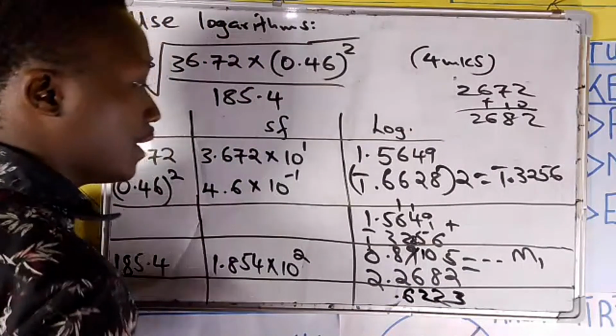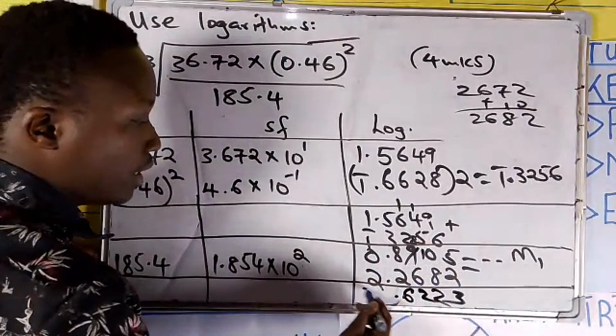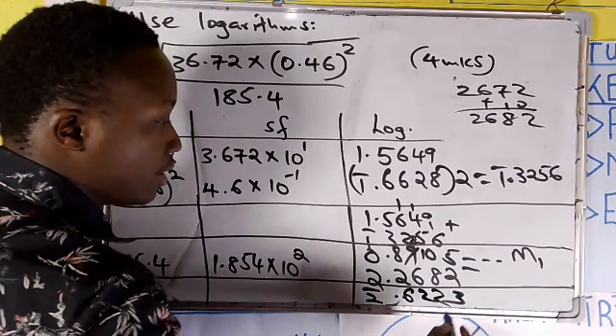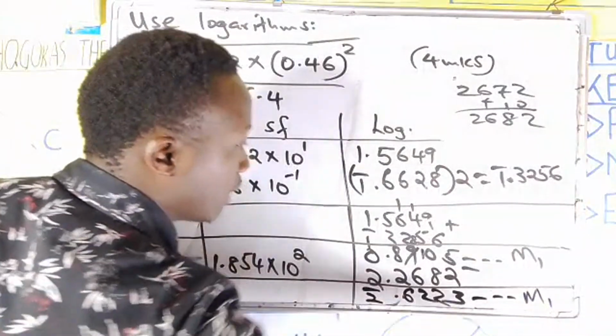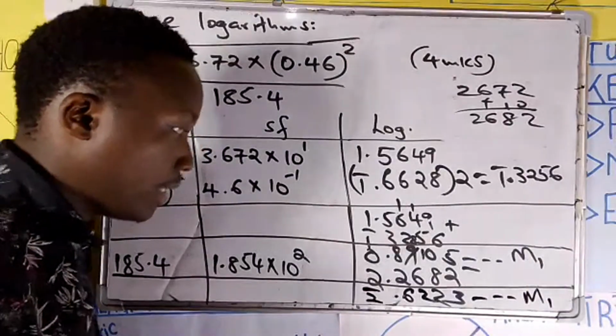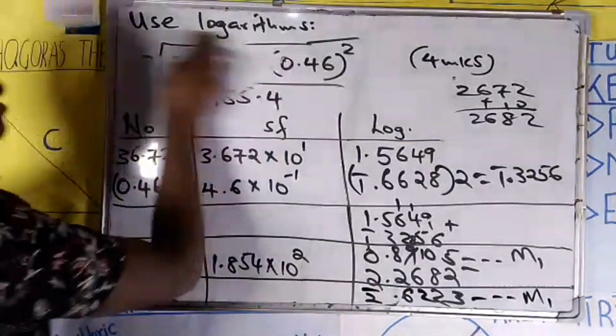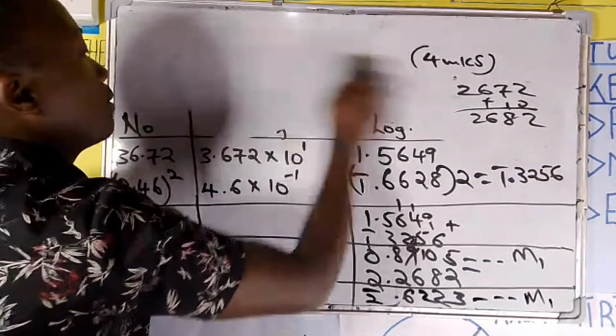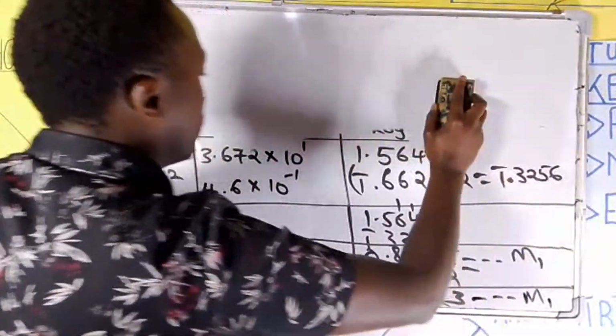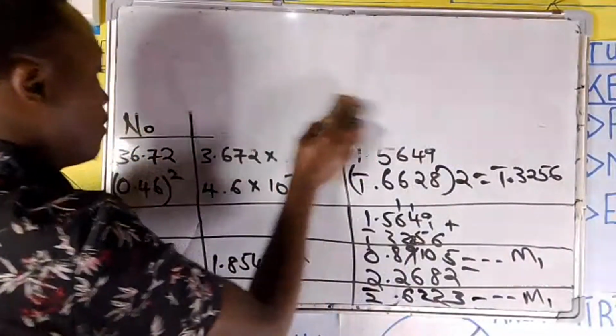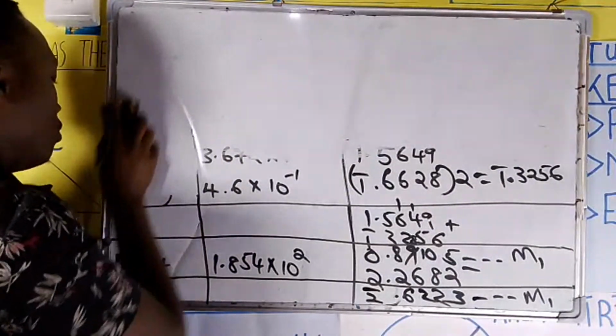Then a decimal. Then 0 minus 2 is negative 2. We get our second mark. So this question says we should find the cube root.